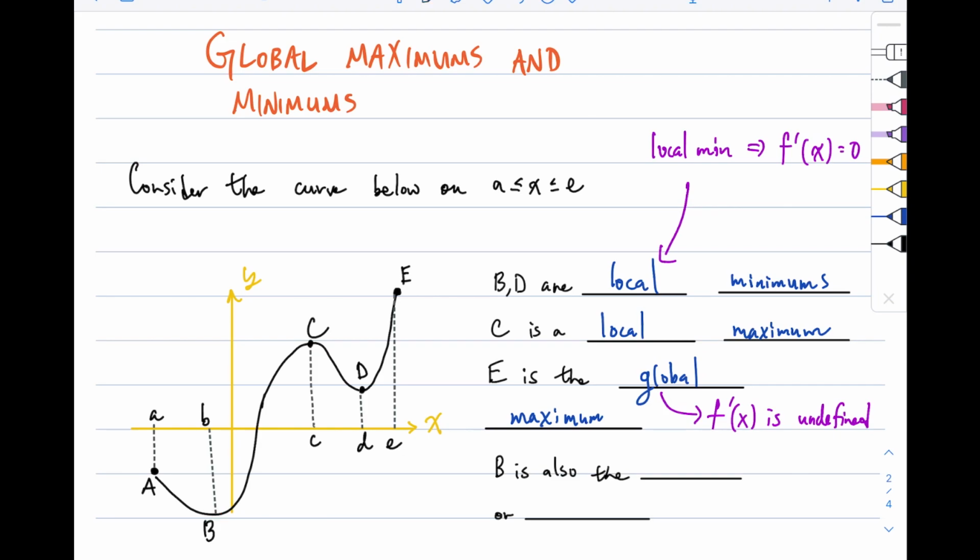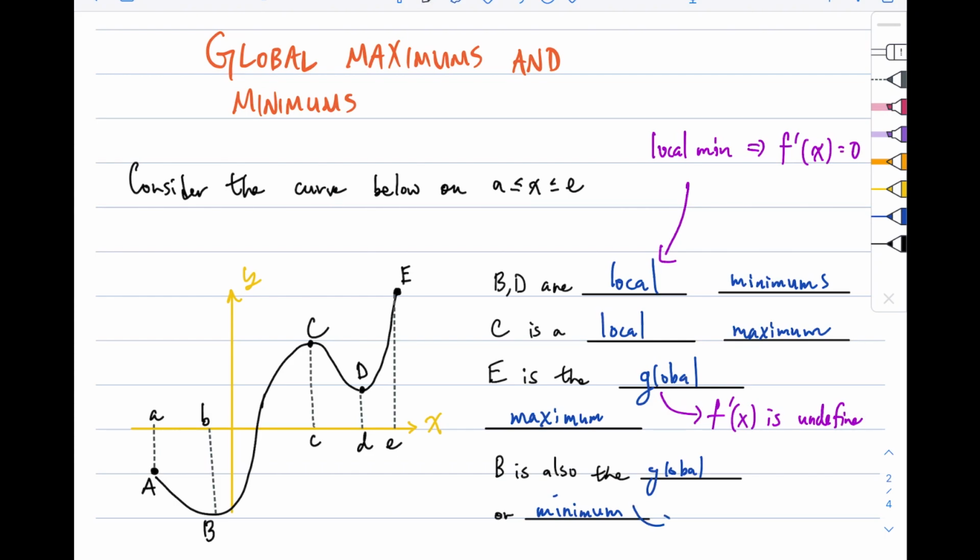And so we call this the global minimum. Now in this case, it turns out that the derivative is equal to 0, right?